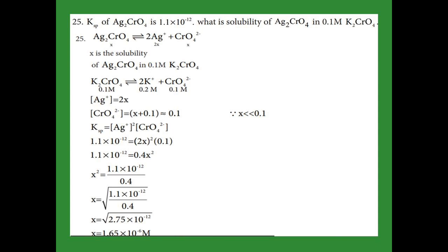Now the solubility product for silver chromate: we write the concentration of Ag+ to the power of 2, because it is 2 moles, and chromate only 1 mole, so the concentration of CrO4 2-.